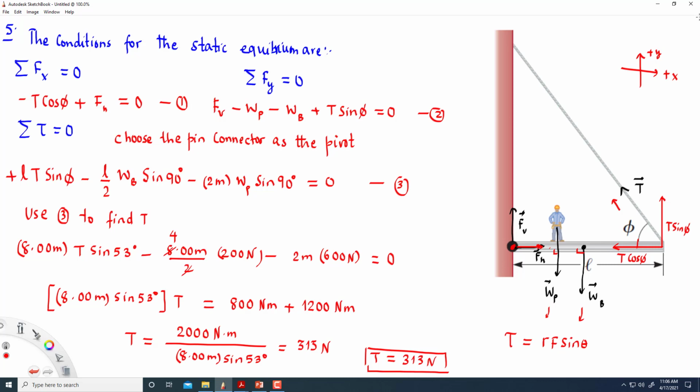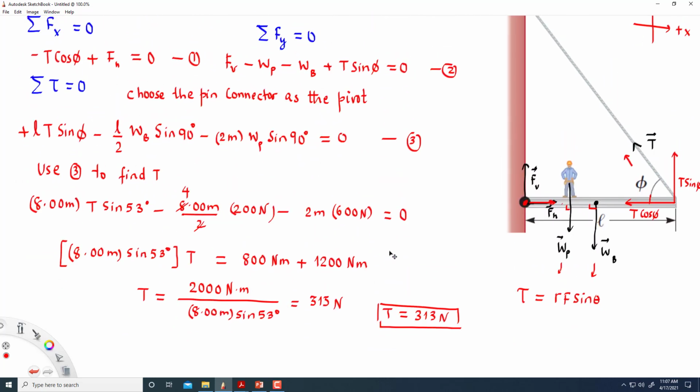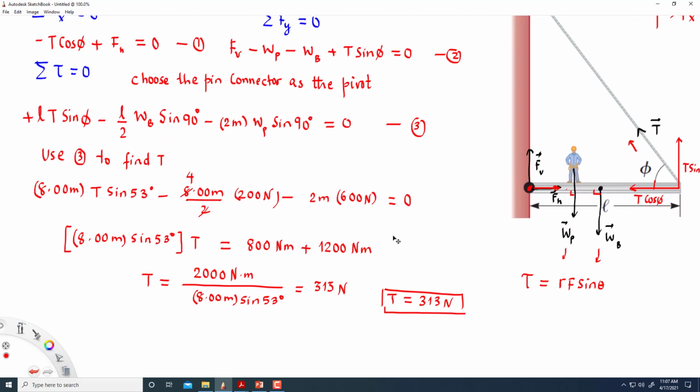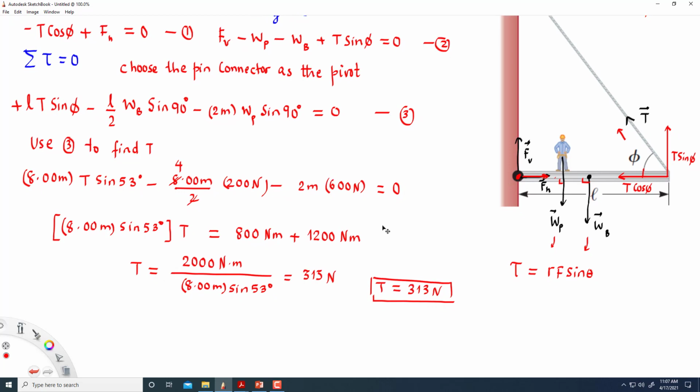So to find that, first we need to find the individual FH and FV. To find that, we can use either equation 1 or equation 2, or we need to use equations 1 and 2. So let's use equation 1. By using equation 1, we can find FH, because T is now known and phi is also known.